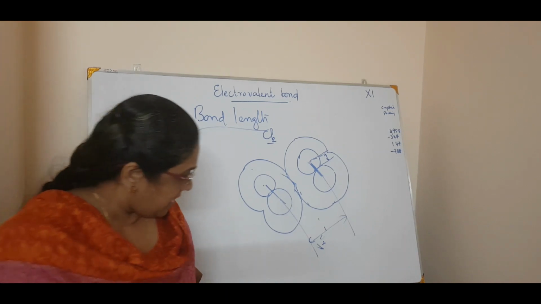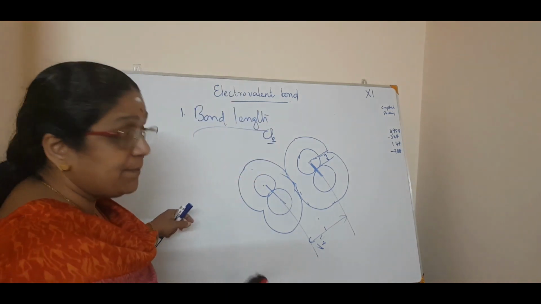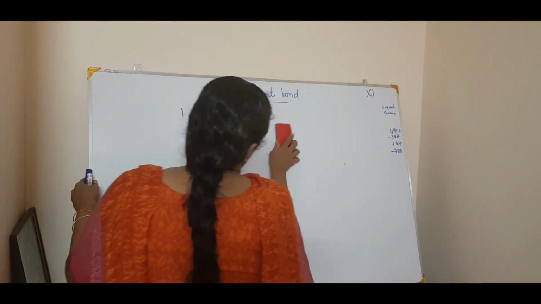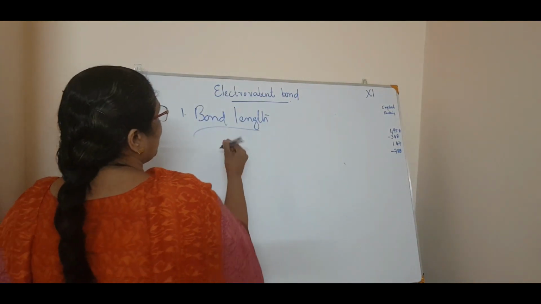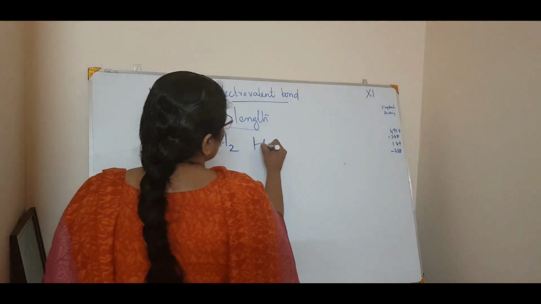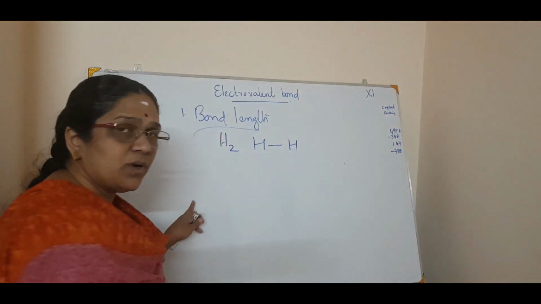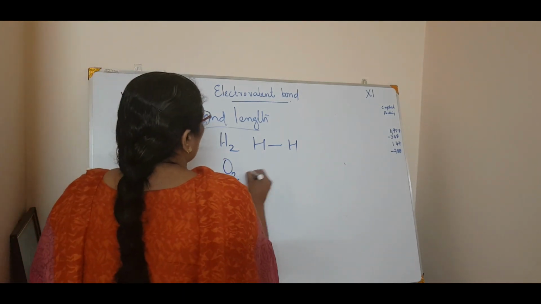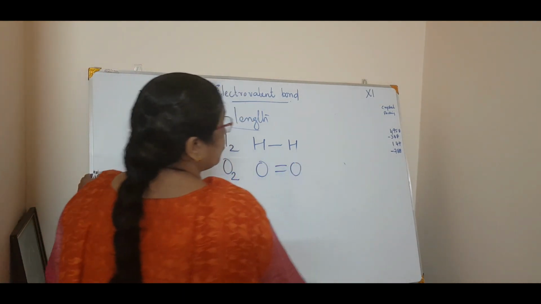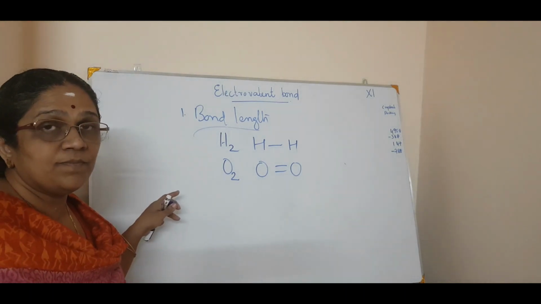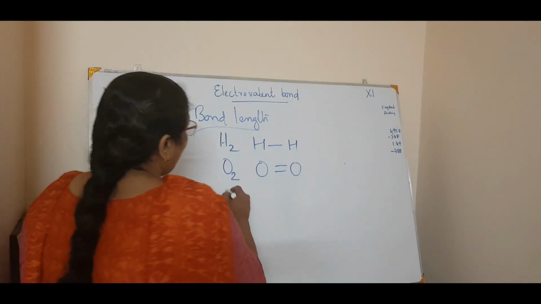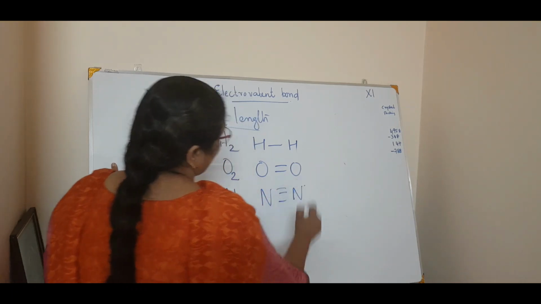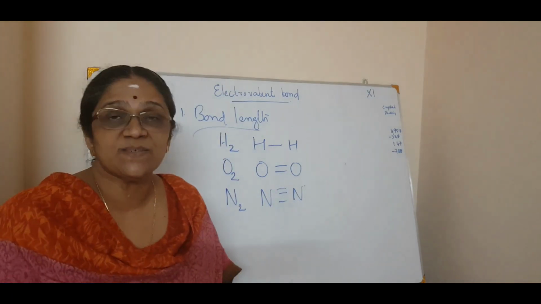Clear? Now you know the bond length depends on the number of bonds. If you take a chlorine molecule or hydrogen molecule, there is only one bond. In an oxygen molecule, the bond is 2. In a nitrogen molecule, the bond is 3. Now what happens to the bond length?